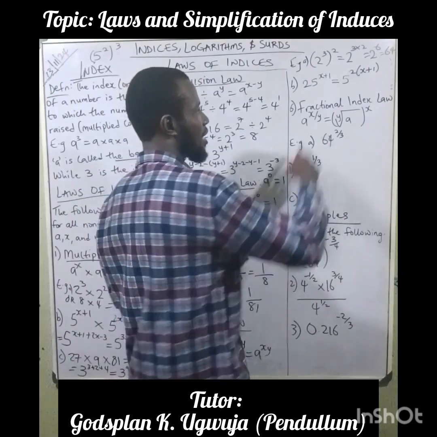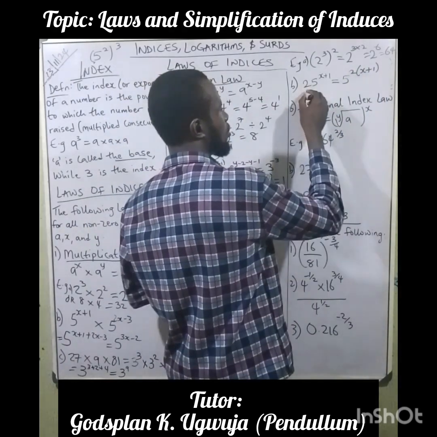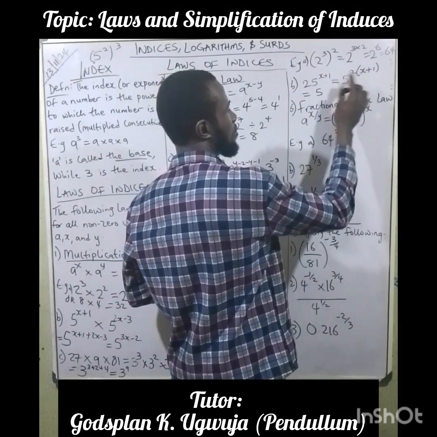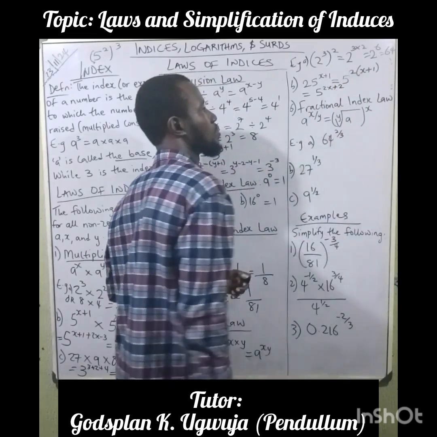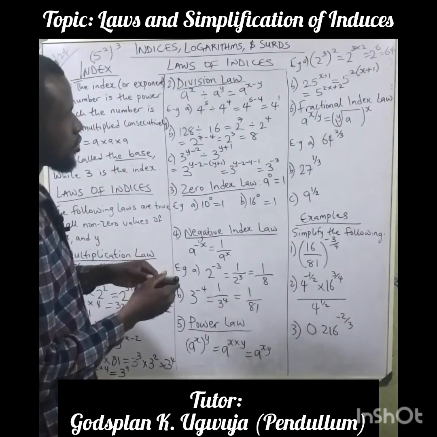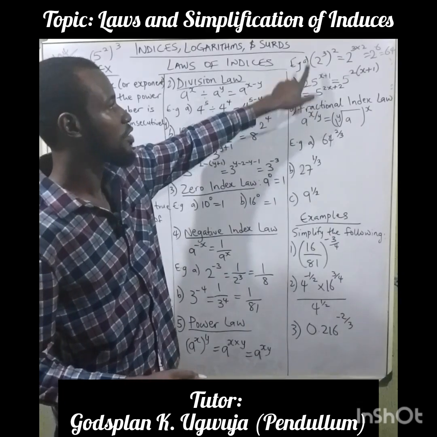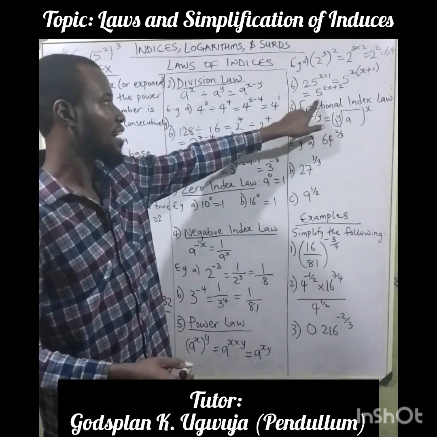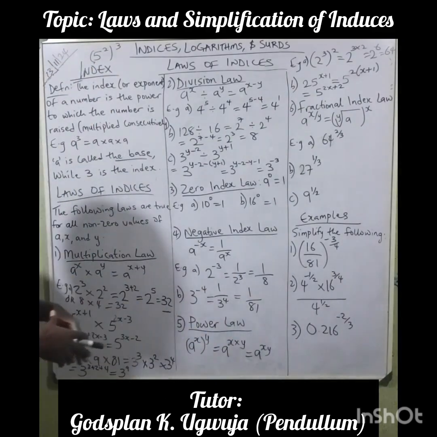Now we have an exponent raised to another exponent, so we just multiply the powers. This will give me 5 raised to power 2 times x, which is 2x, and 2 times 1, which is 2. So 25 raised to power x plus 1 and 5 raised to power 2x plus 2 are the same thing.